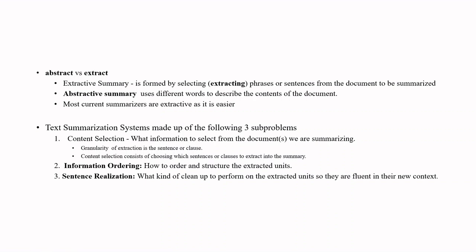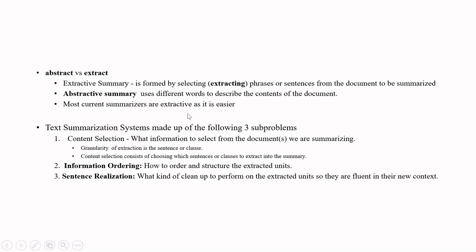You can actually read the document and generate a summary using your own words. That is easy for a human to do, but for a machine, an abstractive summary is very difficult. So most of the summarization work which is there is in the area of extractive summarization.